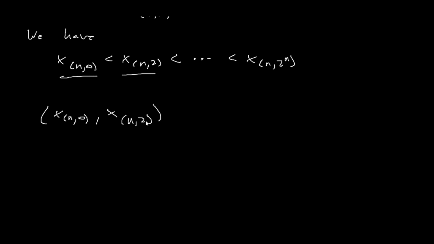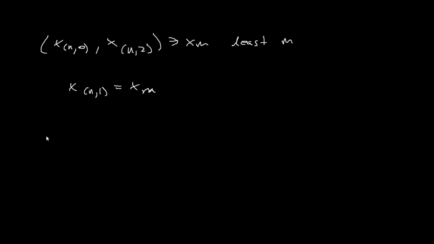And because the original set X is order-wise dense, we know this is non-empty, and so it contains an element x_m, and we choose m to be the least integer such that x_m is within this interval. We can do this by the well-ordering principle, and then define x_{n,1} to be x_m for the least possible m satisfying our criteria that we outlined.